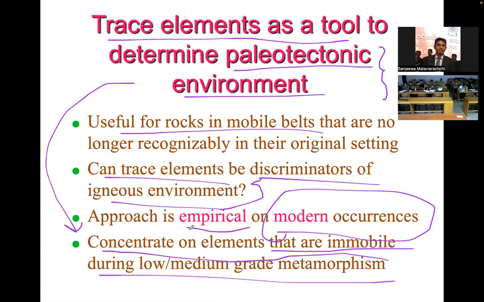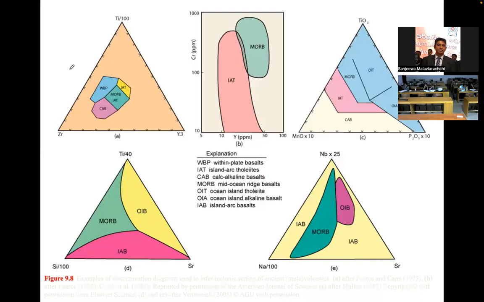Now we are taking an empirical approach, because these diagrams have used experimental information as well as theoretical information and hypotheses, everything put together, and came up with common observations from global samples, right? So now it has become a kind of a model.